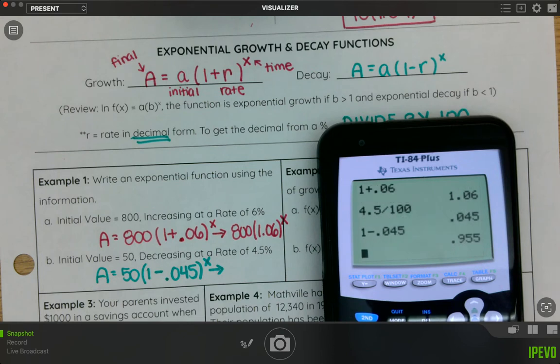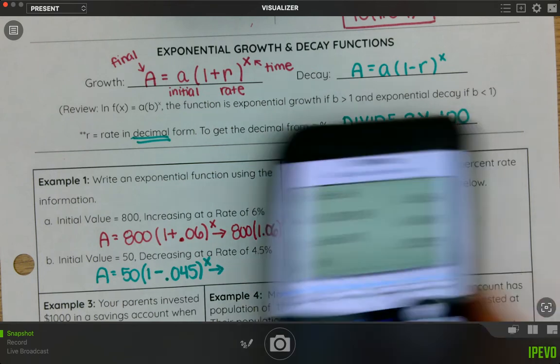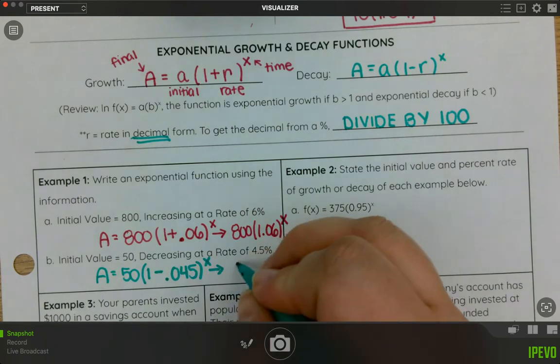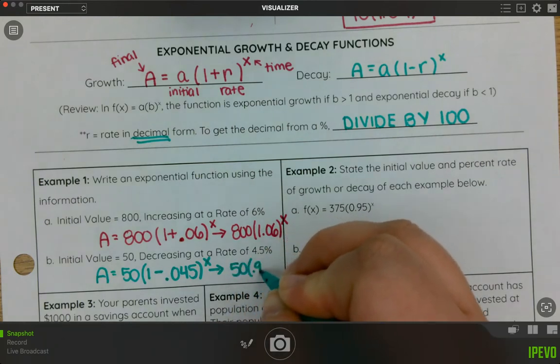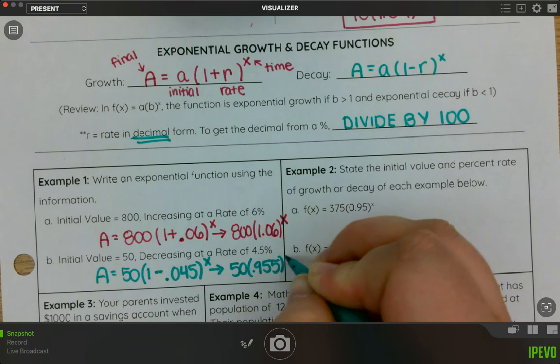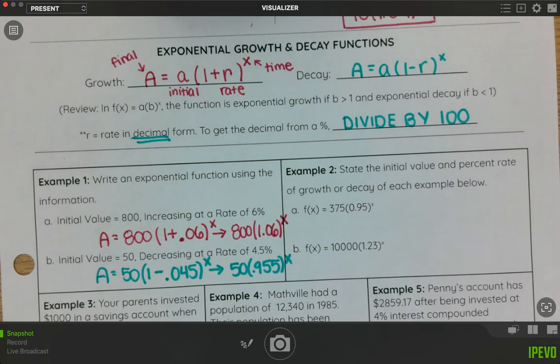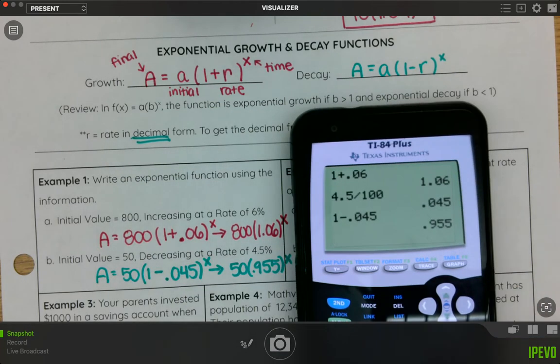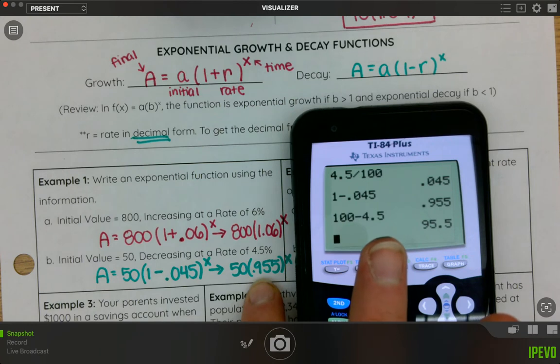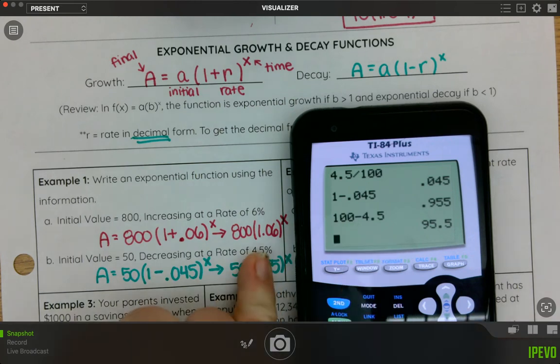Since you're subtracting, it works a little bit different. You get 0.955. Here's why that's different. If you start with 100% and you take away 4.5%, 100 minus 4.5% is 95.5% left. That's where that's coming from. So on this one, you put a 1 out front, and this one you think to yourself, if I take away 100%, what's left?